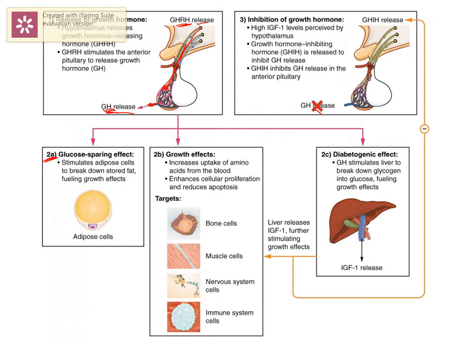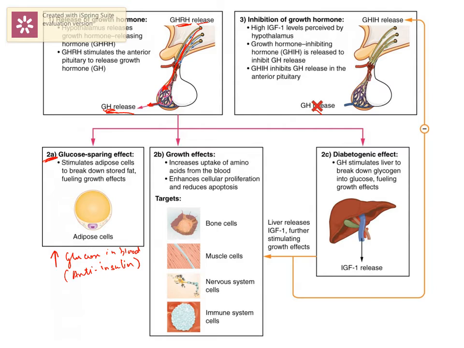So as a result, we end up having a higher blood glucose level in the blood, because it promotes the cell to use lipids instead of glucose. That's why we call it a glucose sparing effect or an anti-insulin effect.